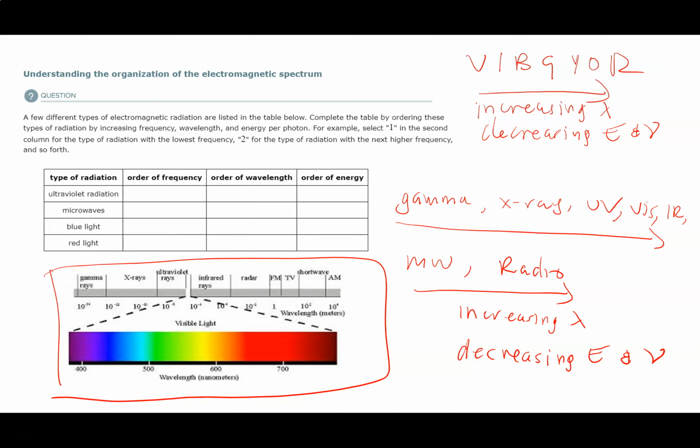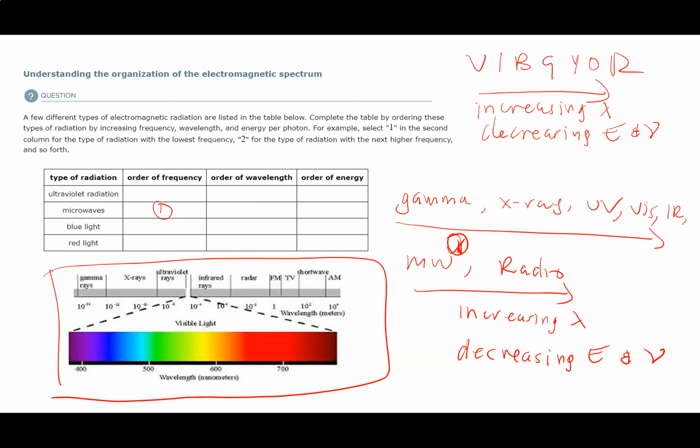So lowest frequency means furthest toward the radio end. So ultraviolet, that's really energetic. Blue, that's next to ultraviolet. Then red, still decreasing in energy and frequency. And then microwaves. So the lowest frequency is going to be microwaves, right? That's going to be number 1 in frequency.